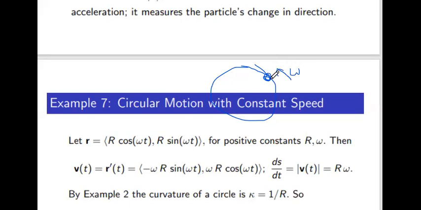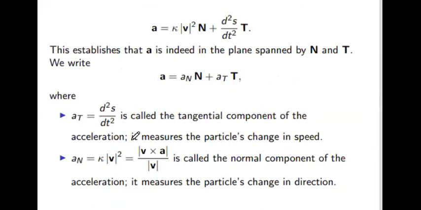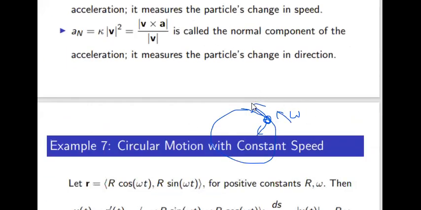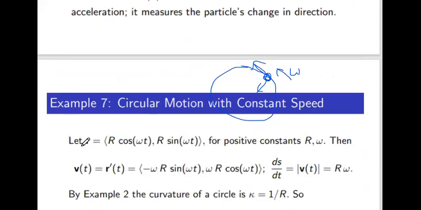Then what are the normal component of acceleration and the tangential component of acceleration? Let's use this. To find the tangential component of acceleration, we have to find this term. First, r is given, then you can differentiate.